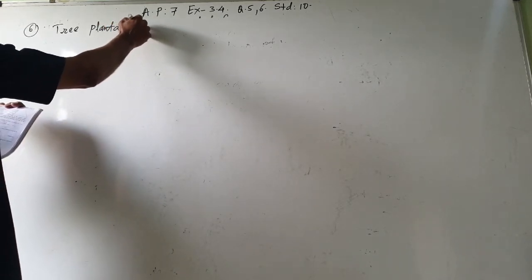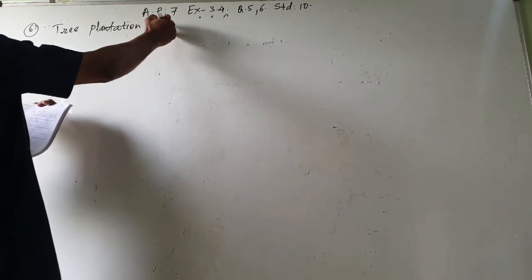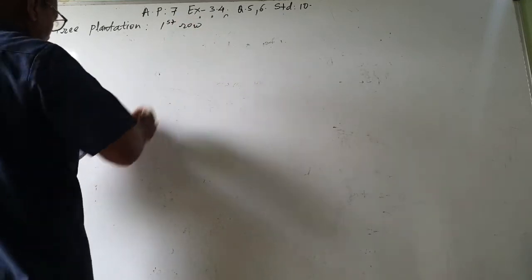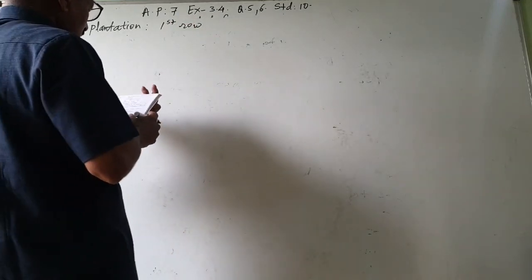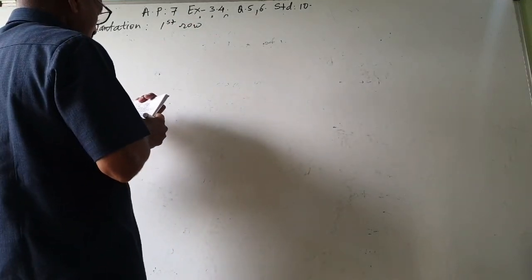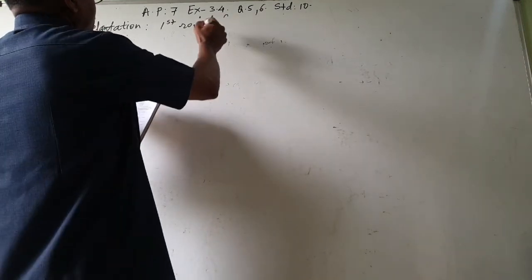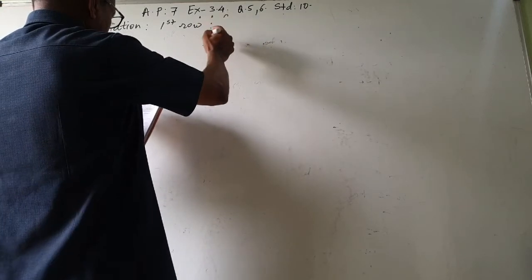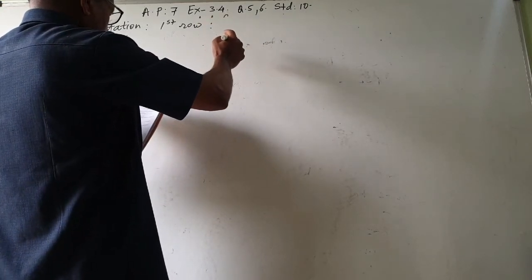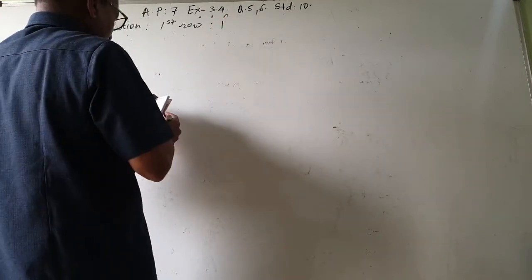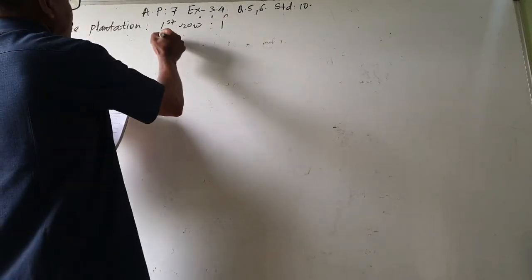Tree plantation. First row. Trees were planted in such a way that first row there is one tree, second row there are two.